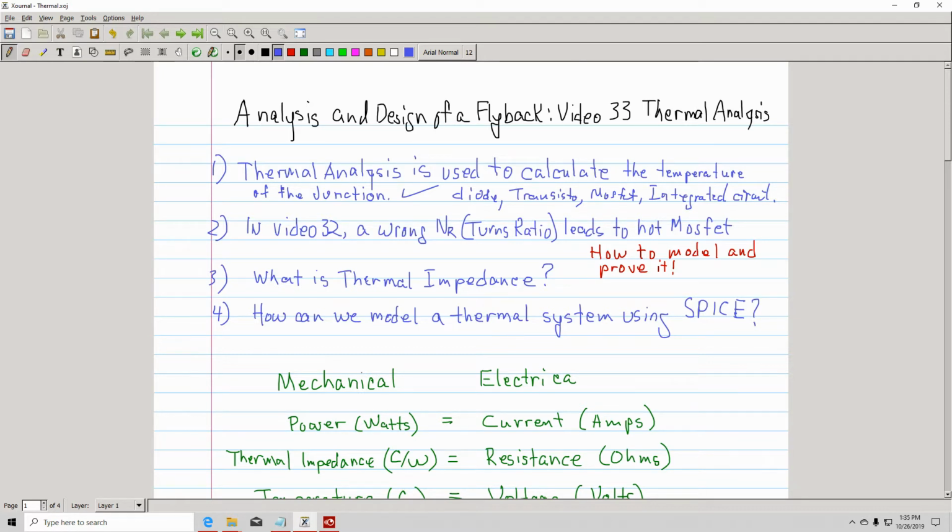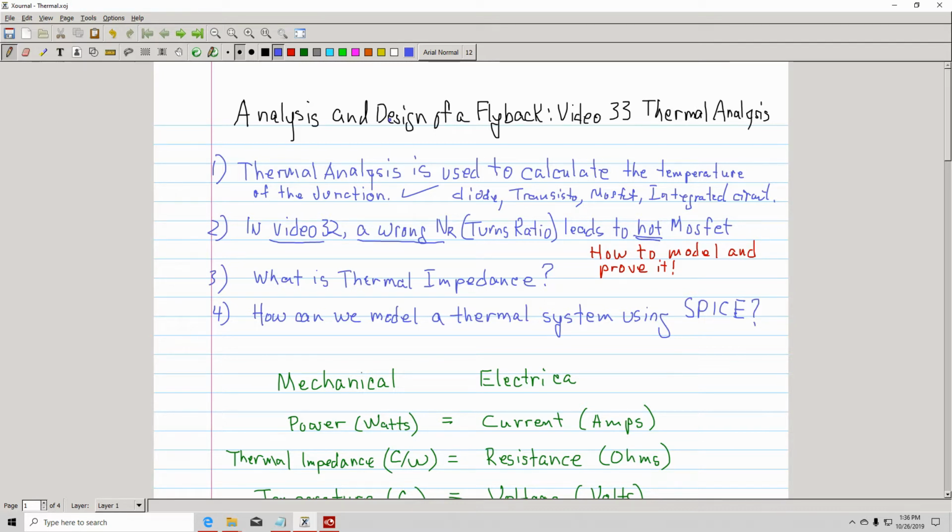We'll give a demonstration later on. The other thing I want to address is that this is a follow-up to video 32. In video 32, I used one of the flybacks, and I mentioned that if you use the wrong turns ratio, the reflected voltage back to the drain of the MOSFET would lead to a hot MOSFET.